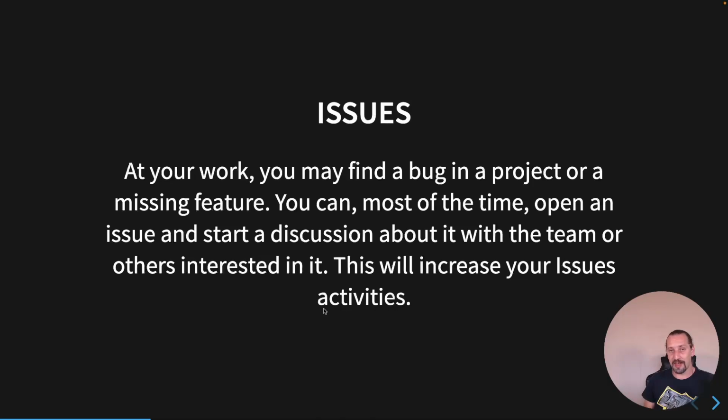Most of the time, we can open a GitHub issue, and this way we can start a discussion about this feature with the team or other interested parties, and this will increase your issues activity on GitHub.